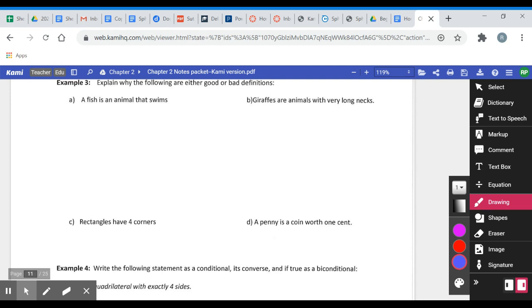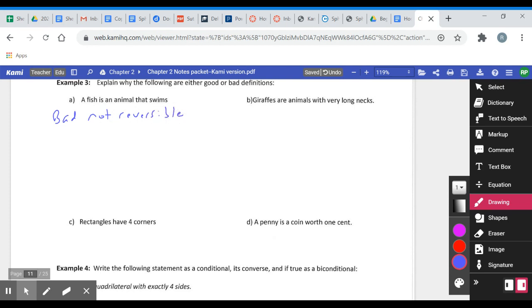Okay, and welcome back. Hopefully you just tried that. And now, as we talk through it, see if you were right with your first initial thoughts. If not, just fix it. No big deal. So a fish is an animal that swims. And I would consider that a bad definition. One reason why is that it's not reversible.